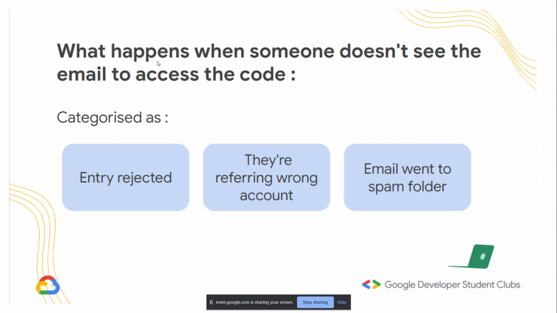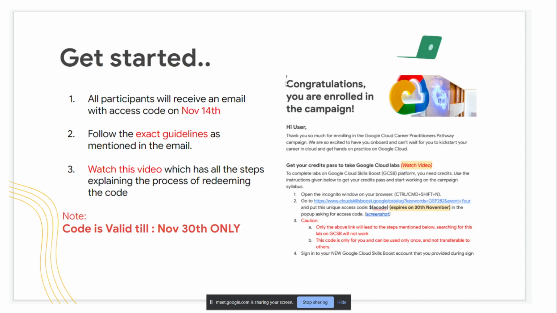Those who didn't get the email, there may be a few reasons: the entry got rejected, or you referred a wrong account, or sometimes the email is in your spam folder. So check your spam folder, or just search for Google Cloud in the search bar. You will get an email like this one, and in it you can redeem the code and carry on with the hands-on labs in Google Cloud.